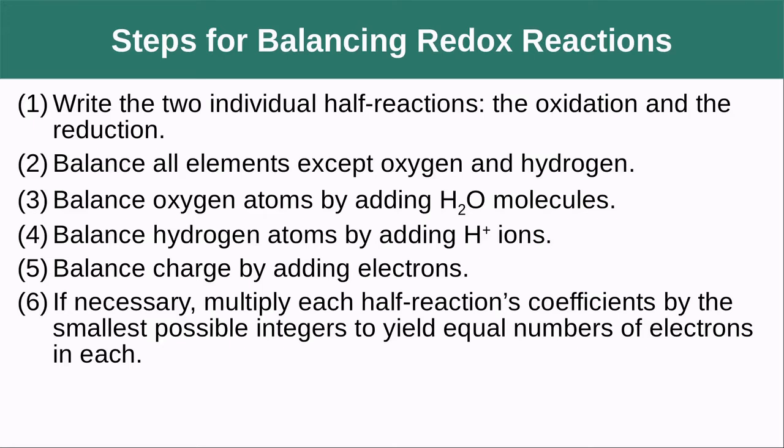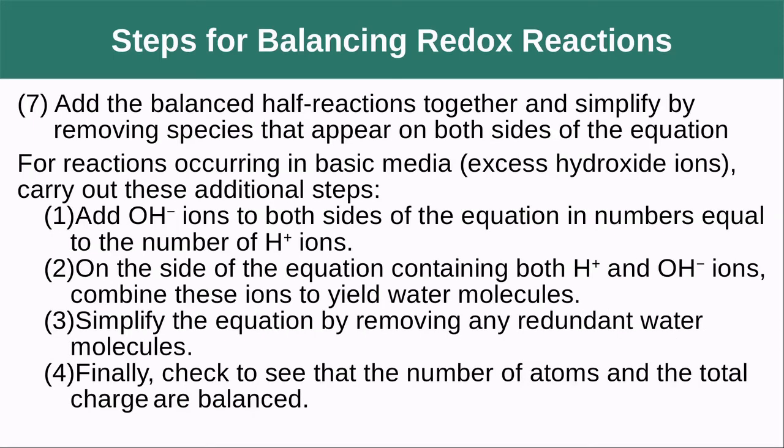We'll balance the charge by adding electrons. And if necessary, we'll multiply the half reaction coefficients by the smallest possible integers to yield equal numbers of electrons so that we can add them together. We'll then add the balanced half reactions together, and we'll remove the species that appear on both sides of the equations.